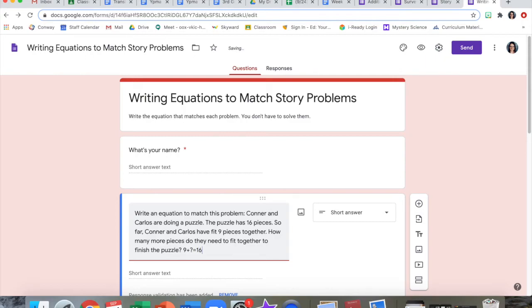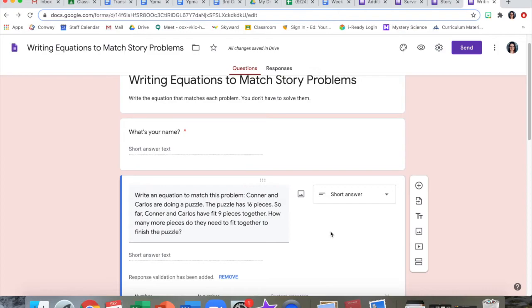So either one of those equations would be correct in this short answer box. Remember though, your equation has to match what's happening in the story. It has to make sense with the story. So whether you're imagining it as an adding situation or subtracting situation, it has to jive. I couldn't do mystery number minus 16 equals 9 because that doesn't make sense. The puzzle has 16 pieces.